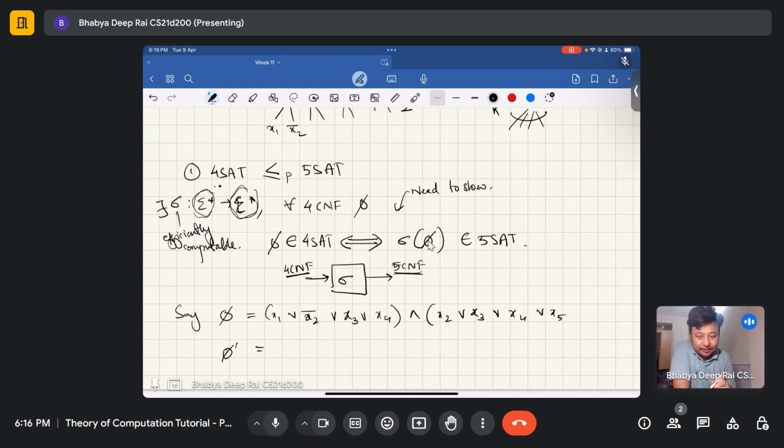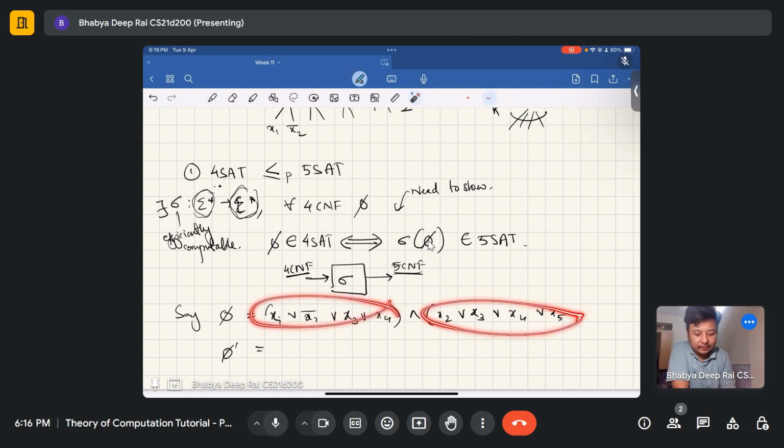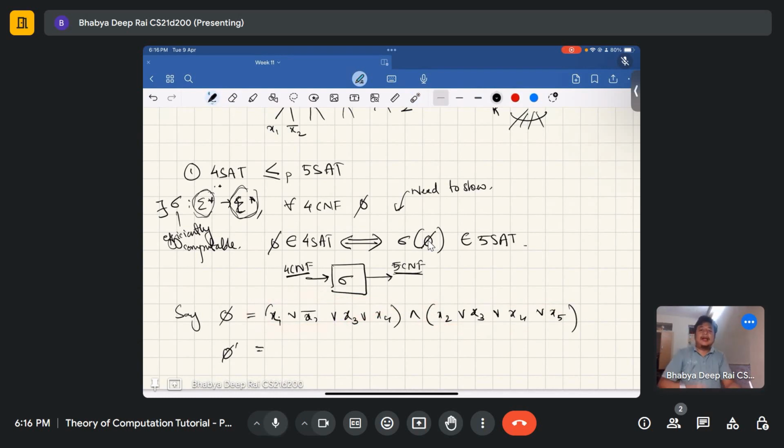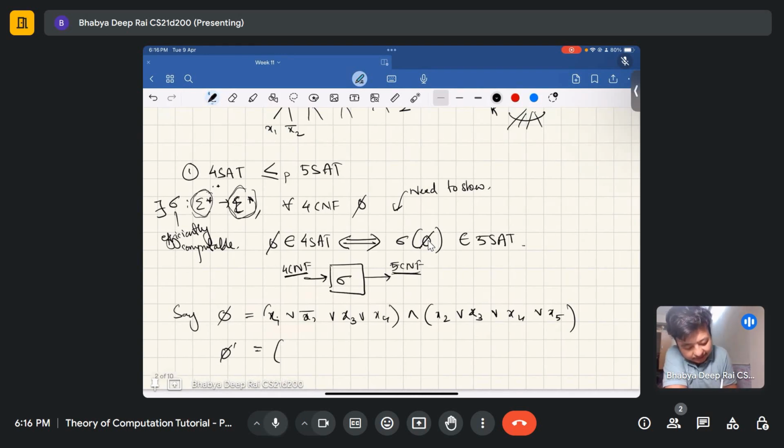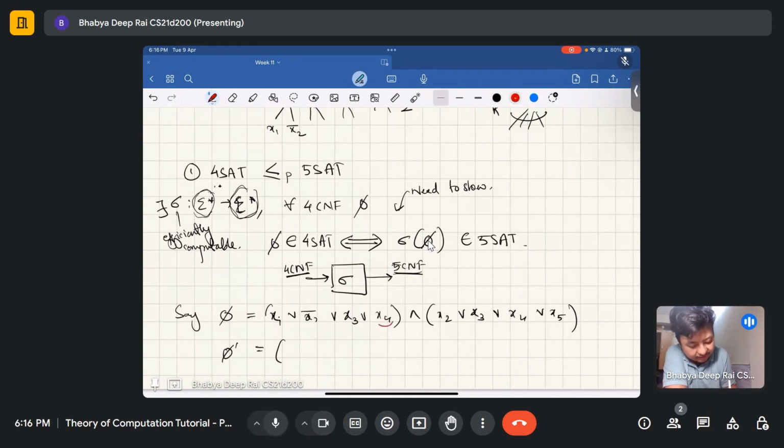So here is the logic. What I do is I pick any literal from a clause. Each of these or blocks is called a clause. This is a clause. This is a clause. In each clause I pick any literal and I duplicate it. What I mean by that is, say, pick x4. I duplicate it once.